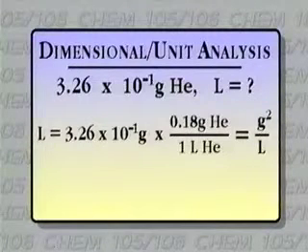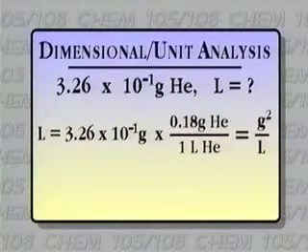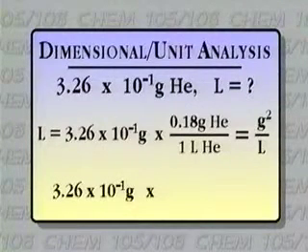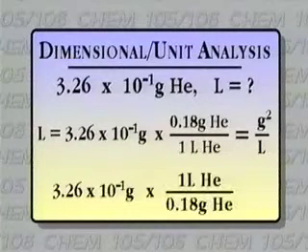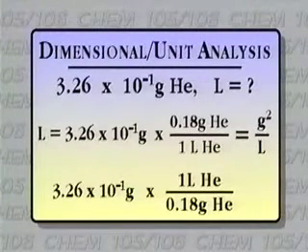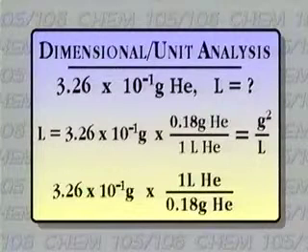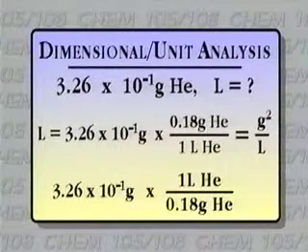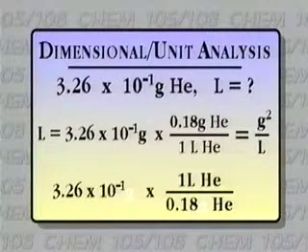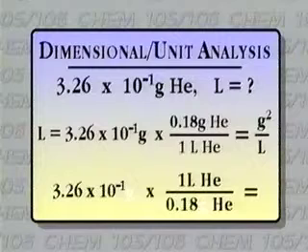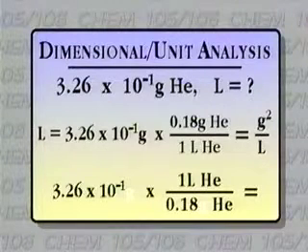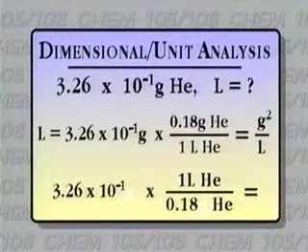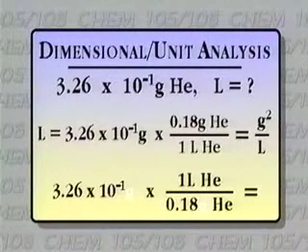If I were to go back down here, and I'll give myself a little room again, 3.26 times 10 to the minus 1 grams multiplied by 1 liter of helium over 0.18 gram of helium, we in fact now see that the grams do cancel, and we have left the units of liters. So a conversion factor can be correct, but it must also be correctly inserted into the problem. Okay?